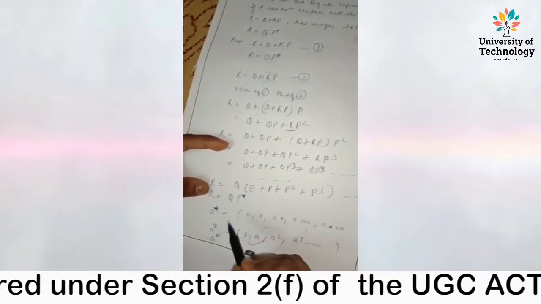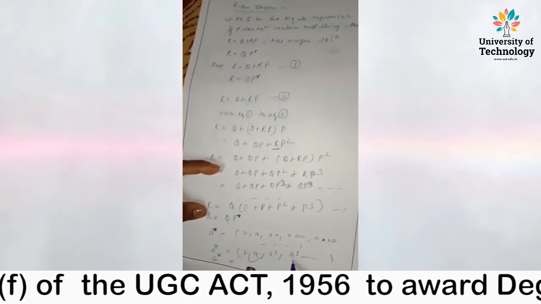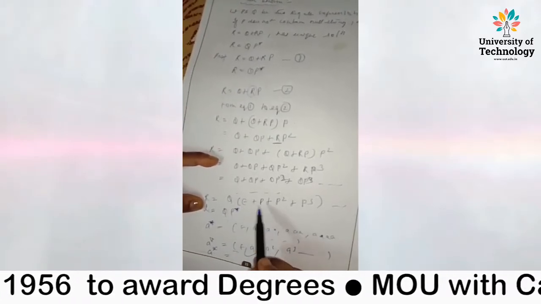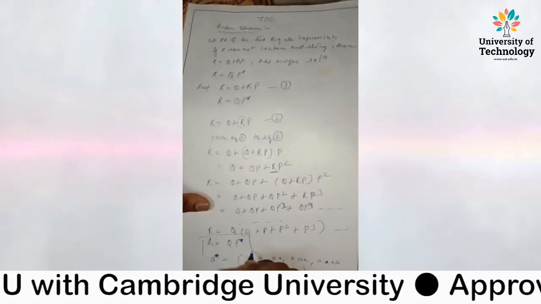So A star is equivalent to this. Similarly, if you compare this equation with this one, since A Kleene closure is equal to epsilon, A, A square, A cube, here instead of A, P is there: epsilon, P, P square, P cube. So it can be written as P Kleene closure, right? So hence it is proved.